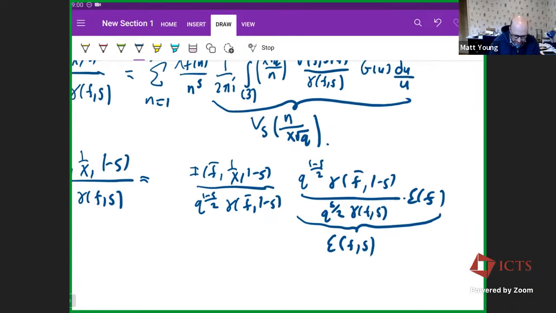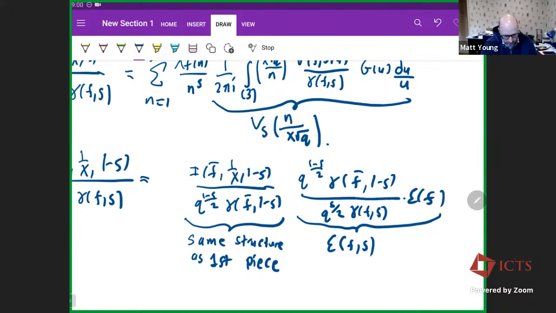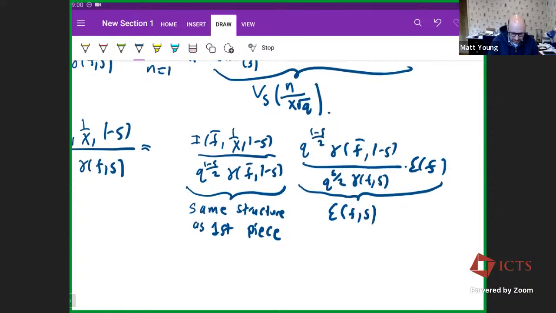And then this term here has the same structure as the first term. But now we just have f replaced by f bar, x replaced with 1 over x, and s replaced with 1 minus s. So it's going to lead to v sub 1 minus s of nx over square root of q.